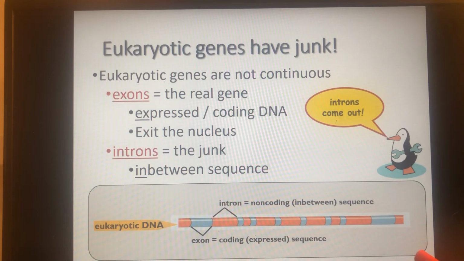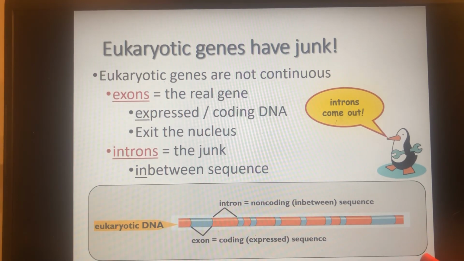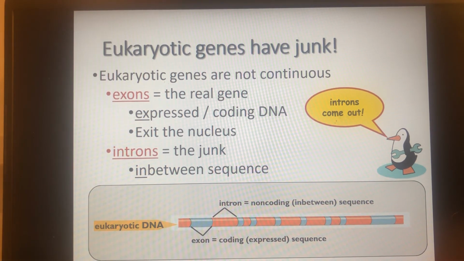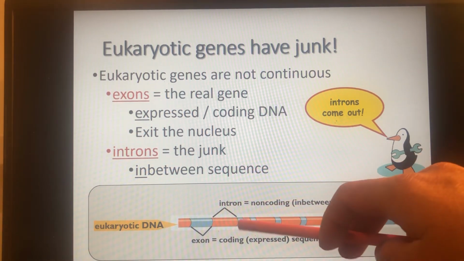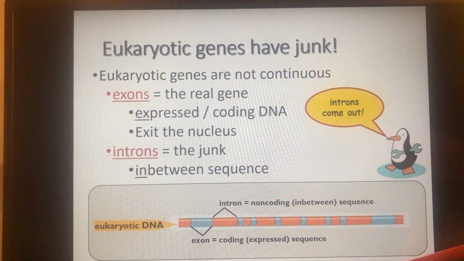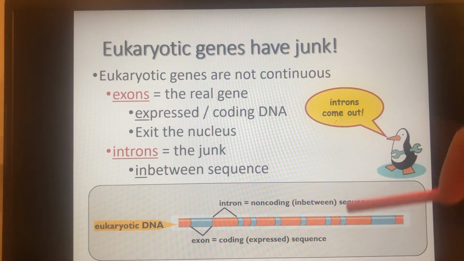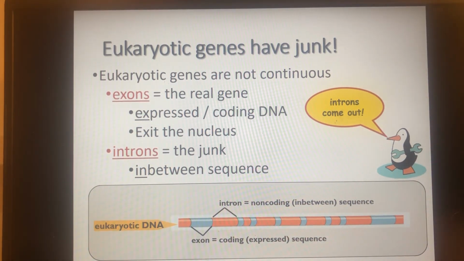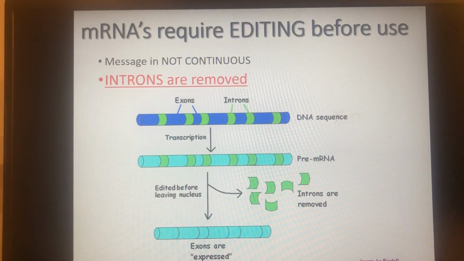Okay. All right, so what are these exons and introns? Well, introns are kind of the junk that we don't want. Exons are what is expressed, or the real part of the genes, okay? So this blue in this picture is showing you the exons, and the orange is showing you the non-coding regions which get removed, which are called the introns.